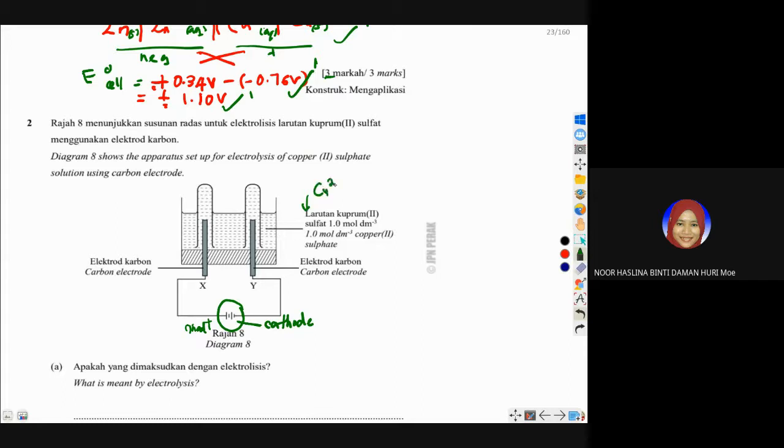Oh, we have Cu2 plus, we have SO4 2 minus, and then because this one is the solution, okay, bila ada solution, even though kat sini tak tulis perkataan solution, tertinggal bahasa Inggeris ni, okay, larutan. So, mesti ada H positive and OH minus. Okay. And then, positive ion. Okay, copper positive. Okay, akan attracted to the negative. Okay, pergi cathode.